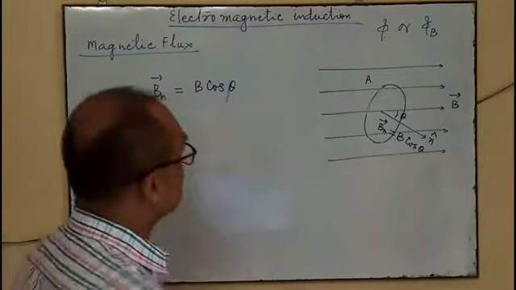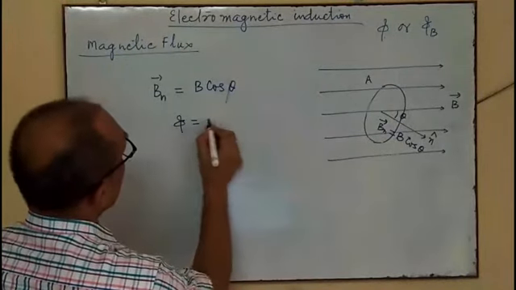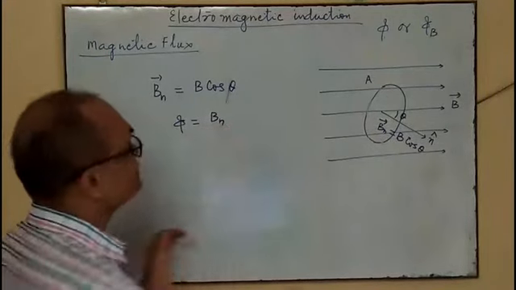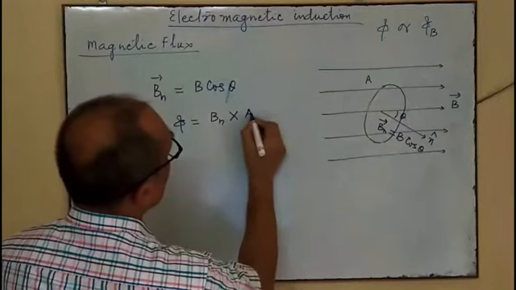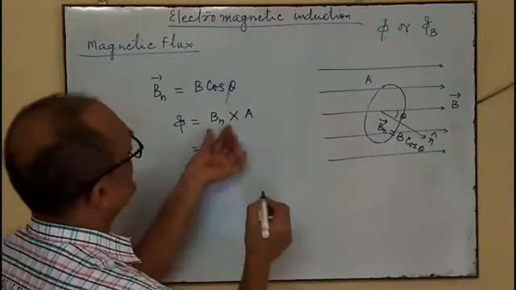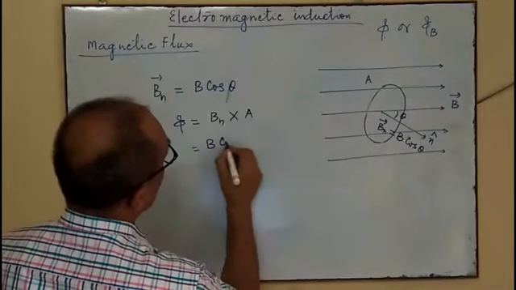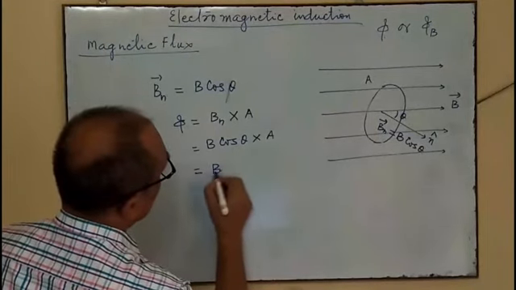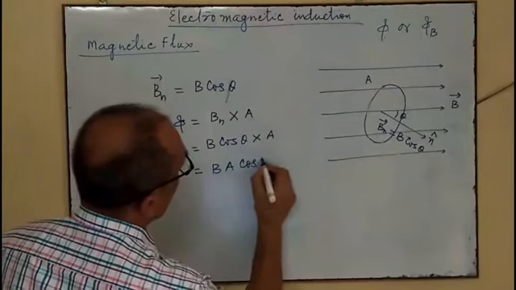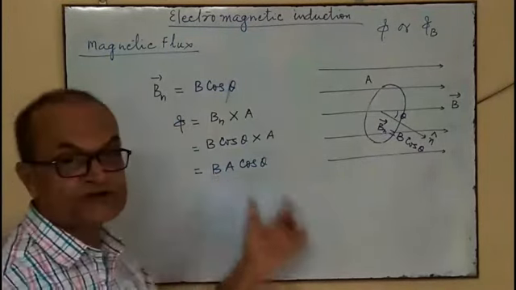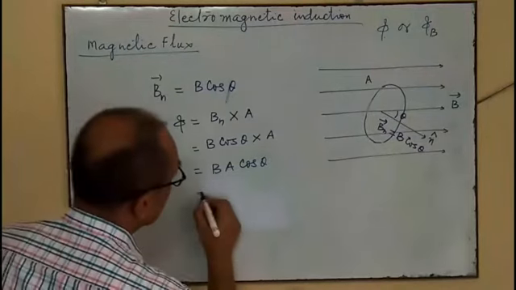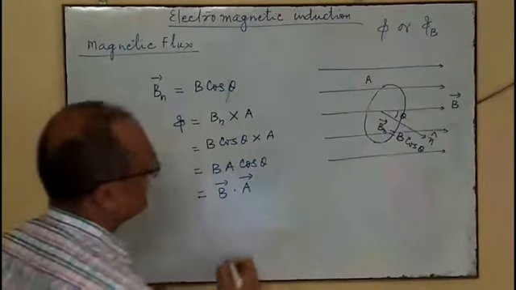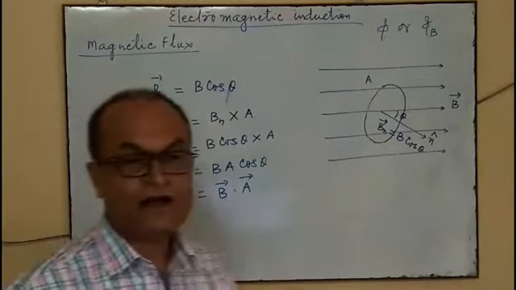So magnetic flux phi will be equal to Bn, that magnetic field, into the area through which it passes. That is B cos theta into A, which equals BA cos theta. Now BA cos theta can be written as B dot A vector. This is the area vector.